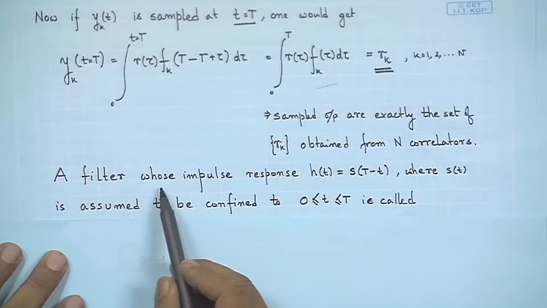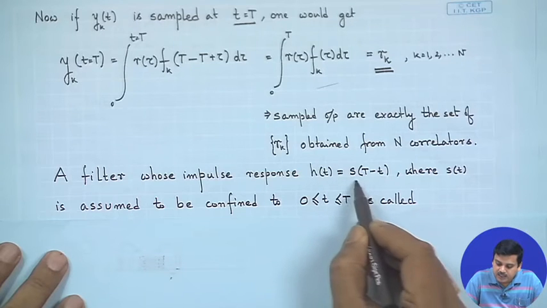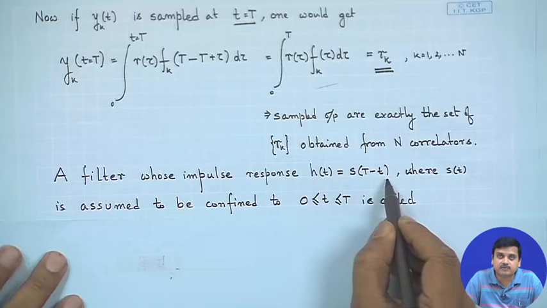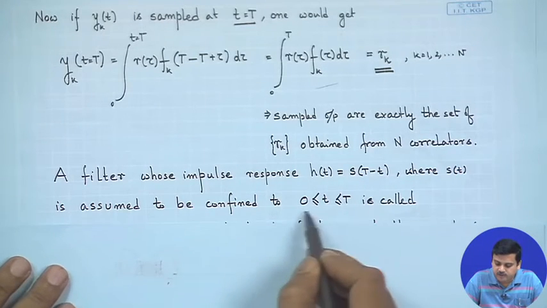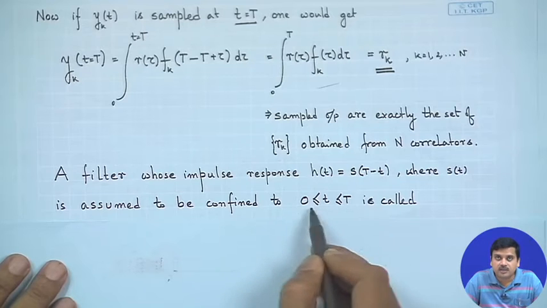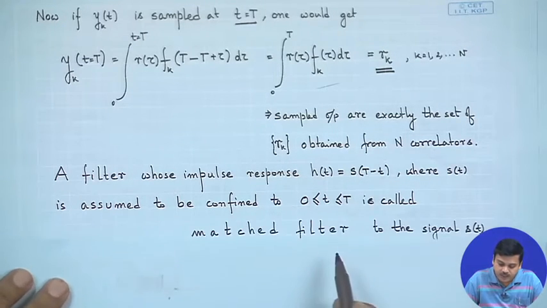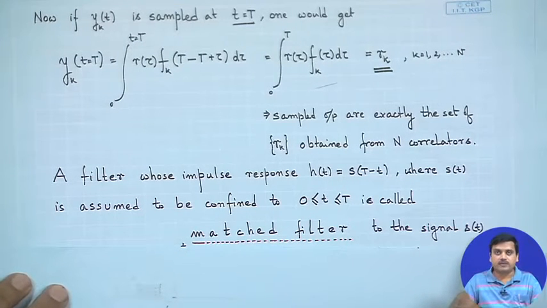So, now we describe that a filter whose impulse response h of t is equal to s of T minus t, which is the flipped version of the signal itself, where s of t is assumed to be confined within this interval, so you are flipping within that interval around T, is called a matched filter to the signal s of t.